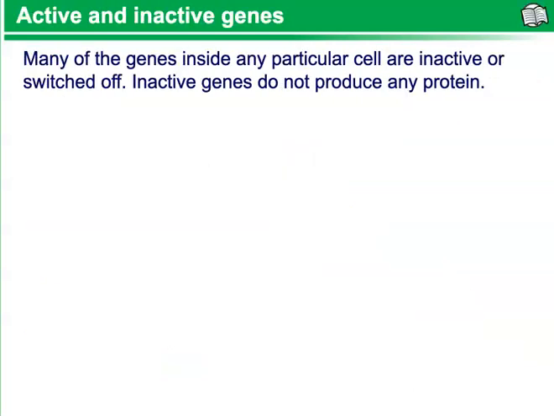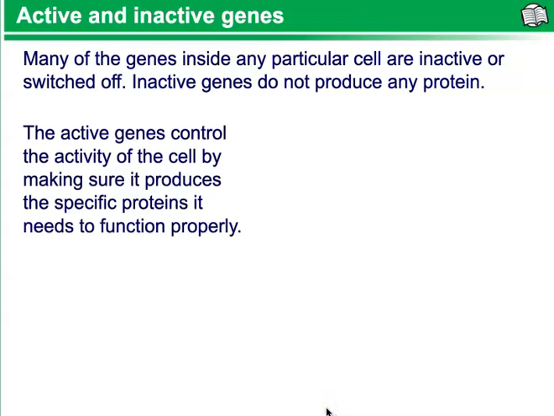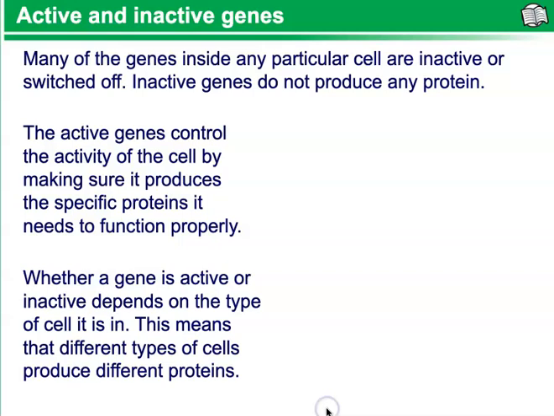Active and inactive genes. Many of the genes inside any particular cell are inactive or switched off. Inactive genes do not produce any protein. The active genes control the activity of the cell by making sure it produces the specific proteins it needs to function properly.